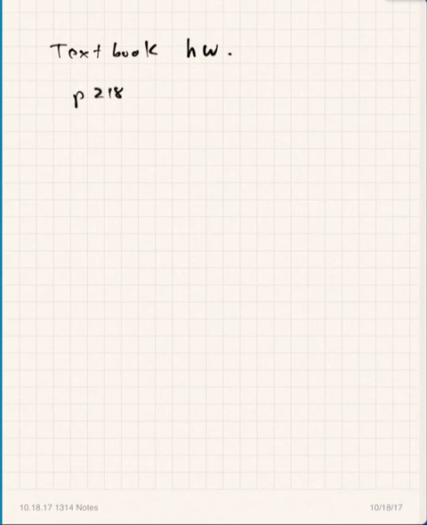On page 218, I was hoping you could look at problems 5 through 17 odd. Really not too many problems there. And then 27 through 41 odd. Those would be good practice problems on composition and combining functions.